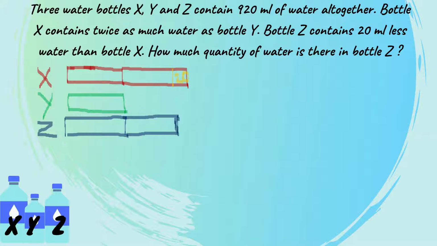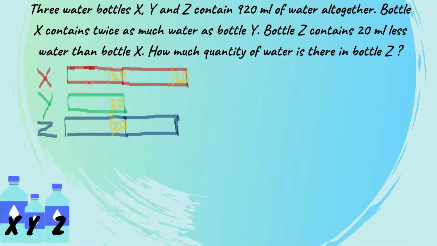I'm going to imagine a 20 ml here, and again a 20 ml here in the Y, and the same in Z. But when you go to this unit, you cannot imagine a 20 ml because it's already 20 ml lesser. So we can consider this to be equal.